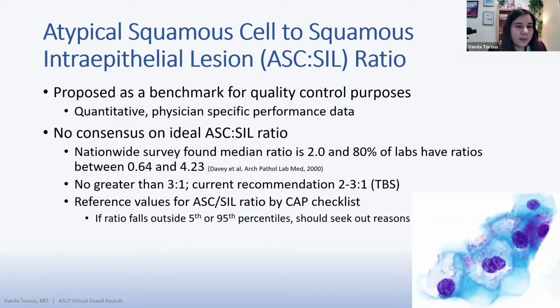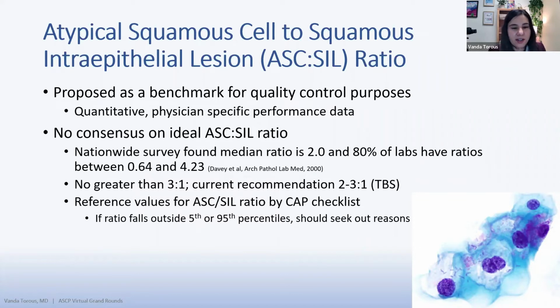The atypical squamous cell to squamous intraepithelial lesion, or ASC-SIL ratio, is a proposed benchmark for quality control purposes because it's quantitative, physician-specific performance data. At this time, there's no real exact consensus on the ideal ASC-SIL ratio. There have been a number of large survey studies looking into this.